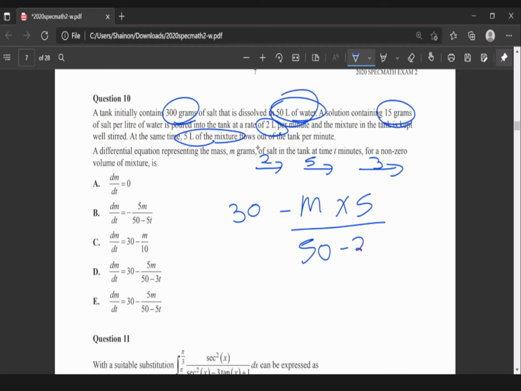So that's going to be minus 3t. So that corresponds to D.